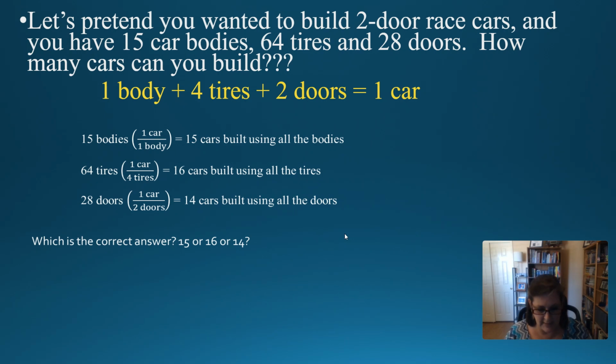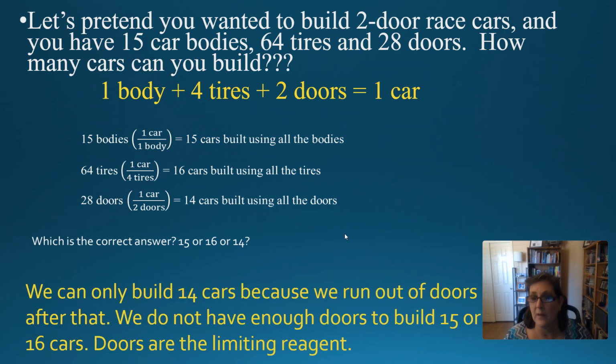So the answer is 14. We can only build 14 cars because we run out of doors after that. Doors are the limiting reagent. Tires and bodies are in excess. Think about that: doors were the limiting reagent, and bodies and tires were in excess.